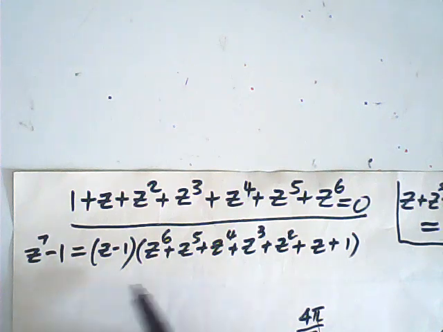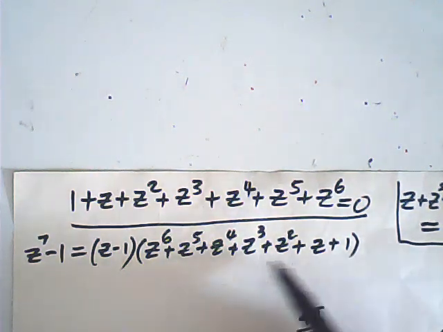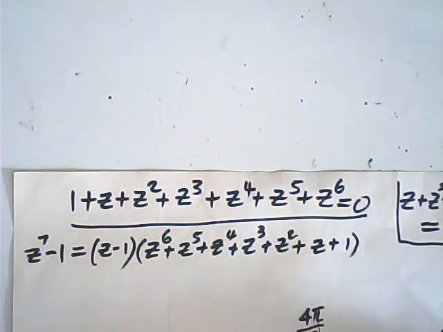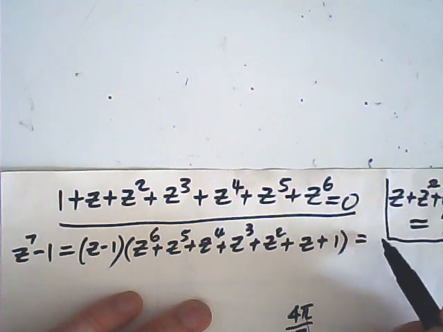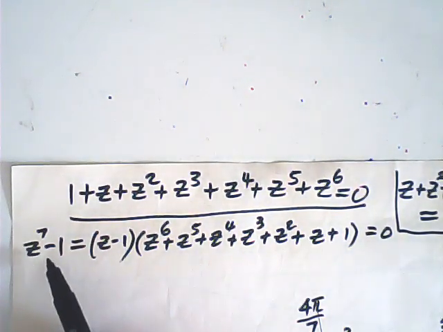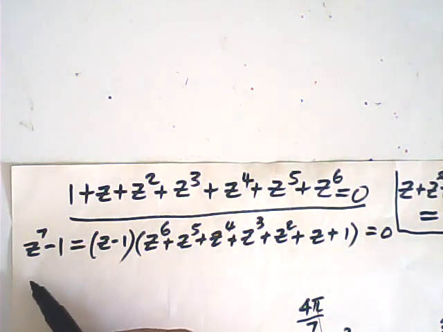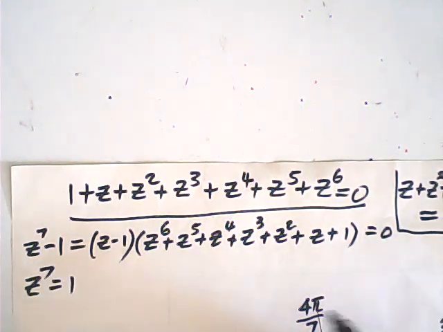Well, that's easy to factor, right? You divide this by Z minus 1 because 1 is a root. So then you get the other factor. Since this is equal to 0 as given, the whole thing is 0, which means that Z^7 minus 1 is 0. So Z^7 is equal to 1, isn't it?